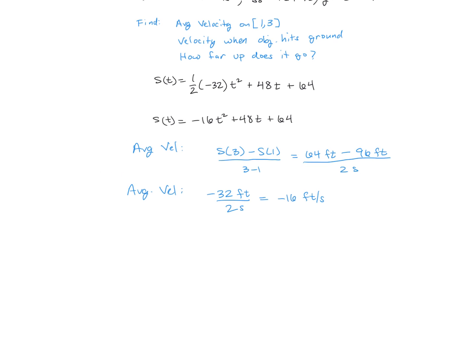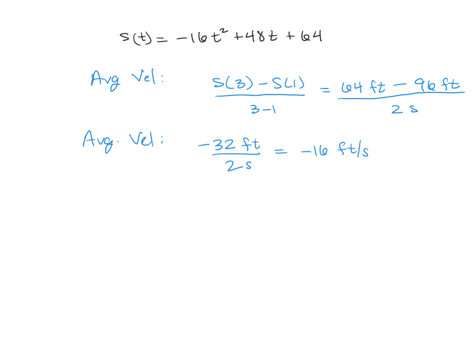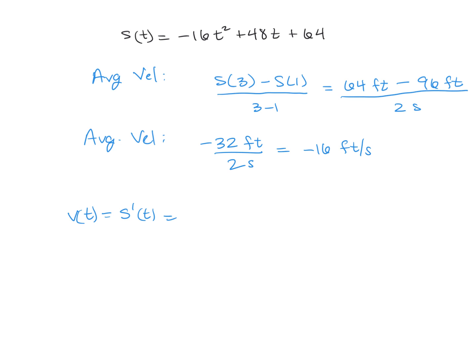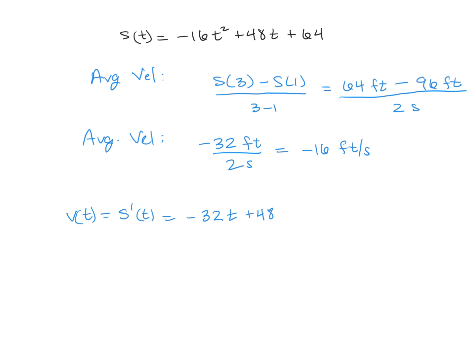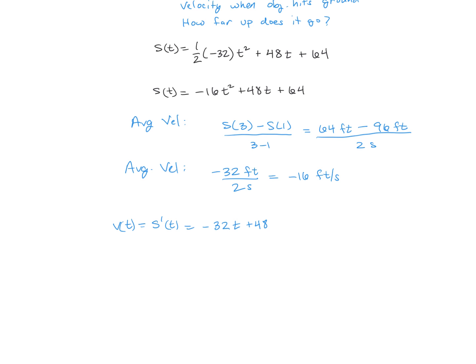All right, next thing I want to do is find the velocity when it hits the ground. Well, the velocity function v of t in general is equal to the derivative of displacement. So using our power rule, that's going to be negative 32 times t to the first power plus 48. So that is our velocity. But now we need to find out when it hits the ground.